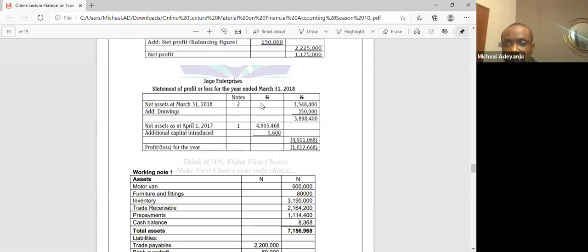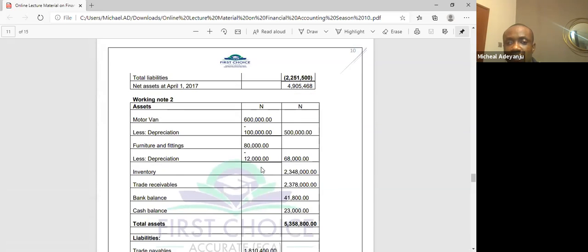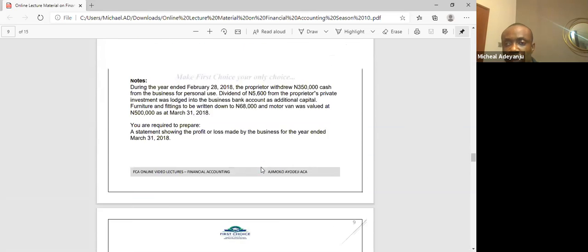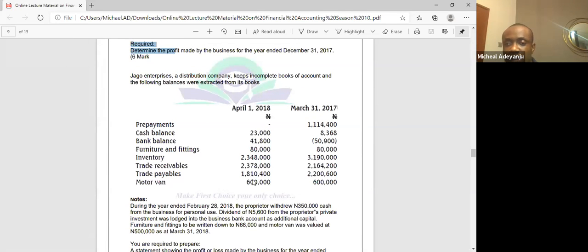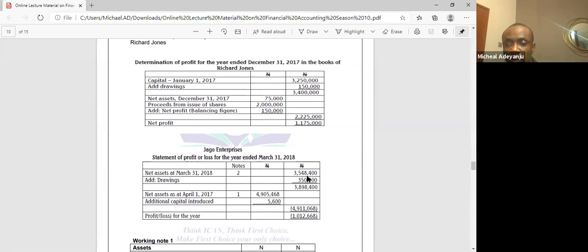So the Django net assets for March 31st, 2018, was 3,548,400. And how was that gotten? By adding all the assets for 2018 and subtracting the liability from it, we give you 3,548,000.